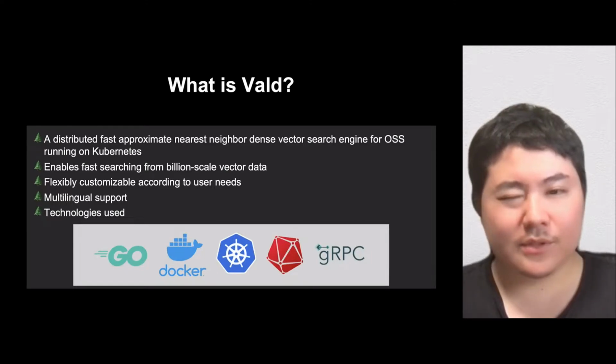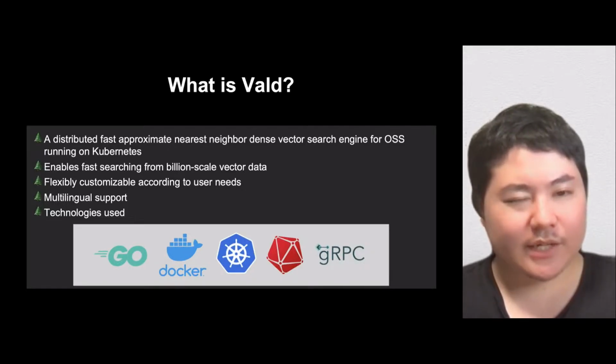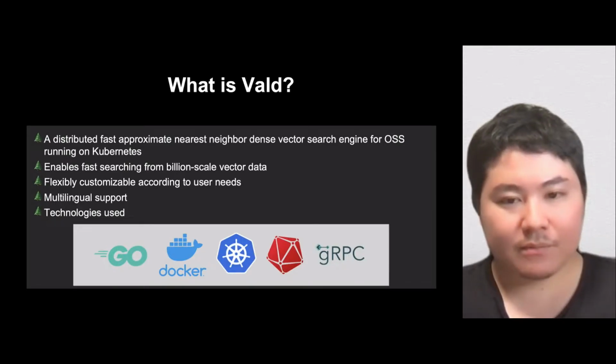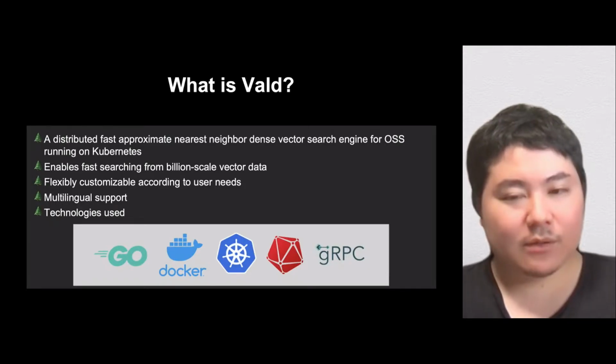Vald is a distributed, fast, approximate nearest neighbor dense vector search engine, OSS, running on Kubernetes. It is designed as open source and enables real-time vector search for billion-scale vector data and flexible customizability.